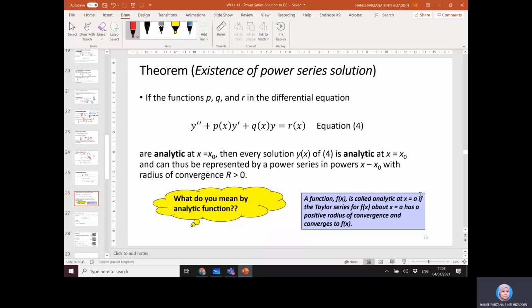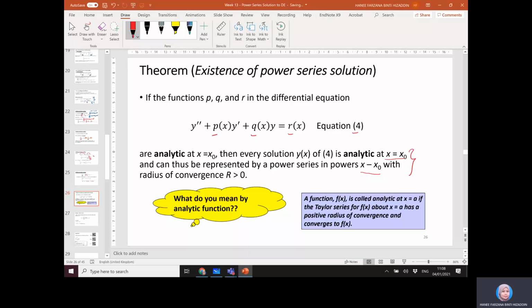So here, let's say the functions p, q, and r are analytic at x equals x naught, then every solution y of x of the equation 4 is analytic also at x equals x naught, and thus can be represented by a power series in the powers of x minus x naught with a radius of convergence greater than 0.